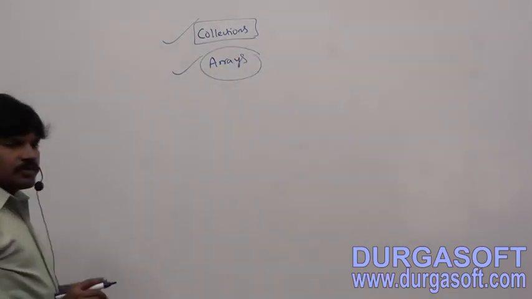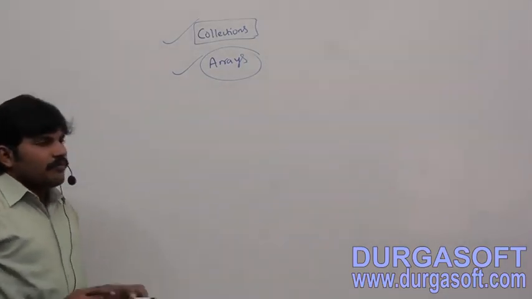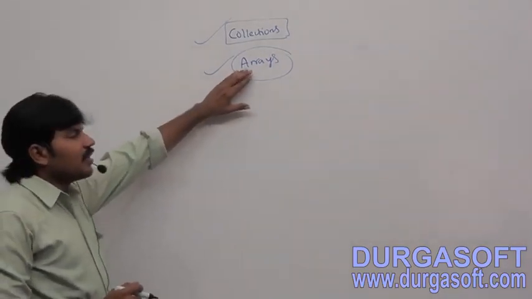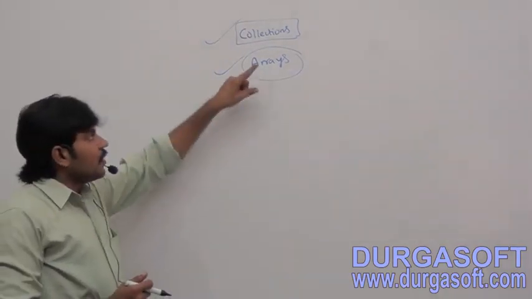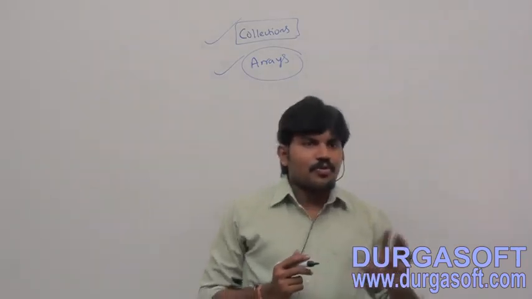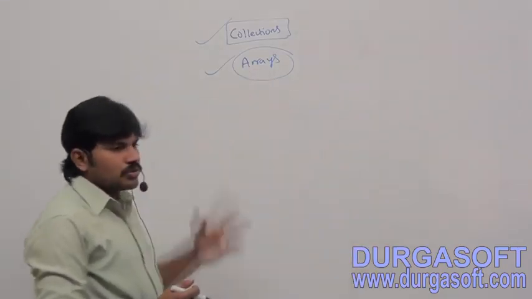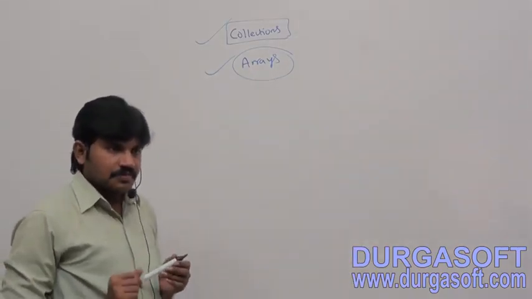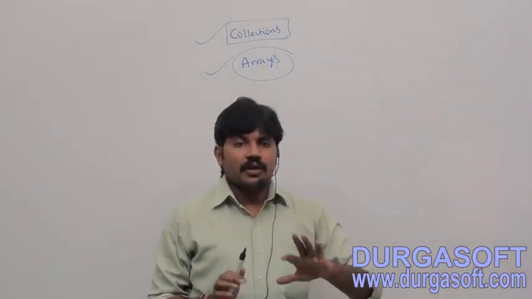In the last session we covered the advantages of collections when compared with arrays. For collections, for every requirement, ready-made method support is there. Being a programmer, we just use those methods; we are not responsible to implement them. But in arrays, for every requirement, we have to write the code.